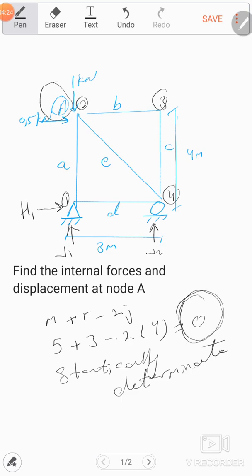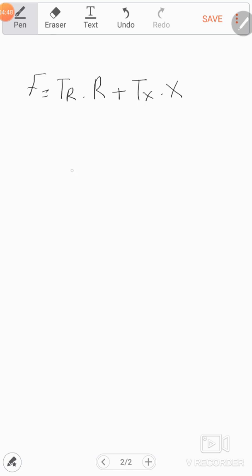If the shape is indeterminate, that means we have a value, because as you remember for undergraduate level we have 3 cases. Let me write on another page. The 3 cases for truss, take note.